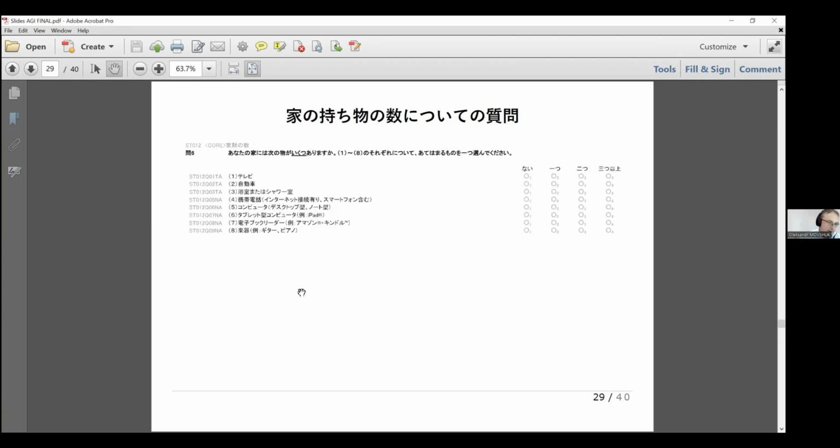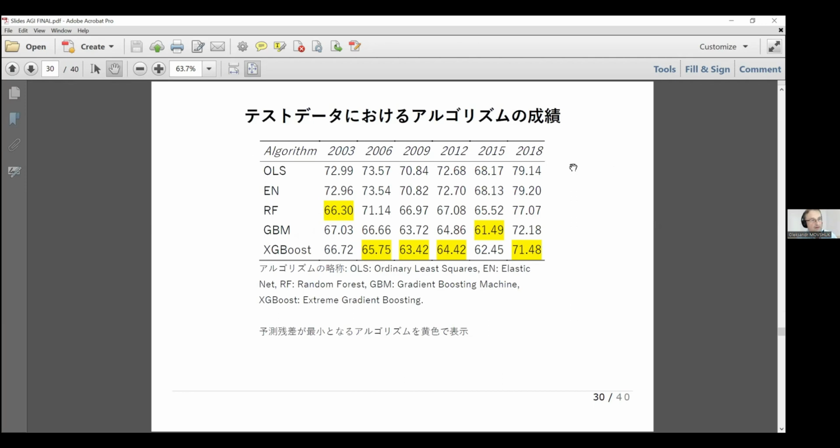There are yes or no questions, and there are also questions about how many. For example, for TV sets, there is a question where there are 4 answers: no, 1, 2, or 3 or more, and so on. And then these answers are combined into a single index of socioeconomic status. Now I move to the results.